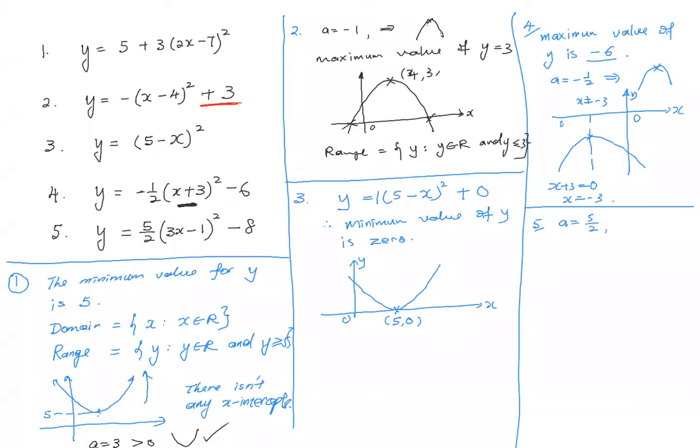So the curve is... the minimum value of x or value of y? It is -8. So if it's negative, then definitely the graph will cut. Right? It will cut.